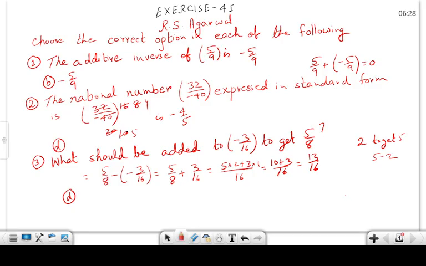Now question number 4: the multiplicative inverse of minus 3 by 7 is... What is the meaning of multiplicative inverse?